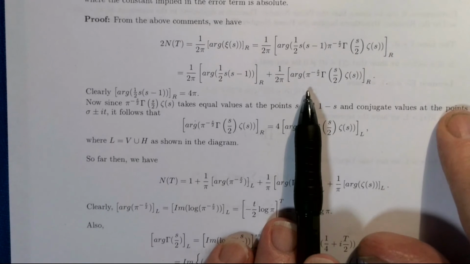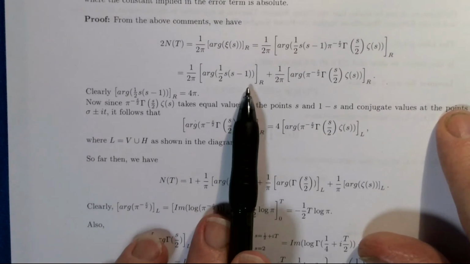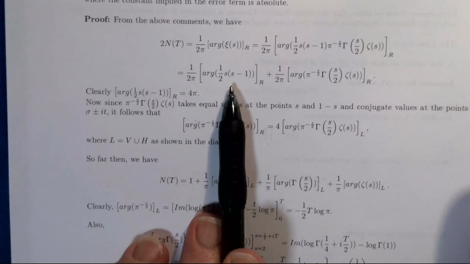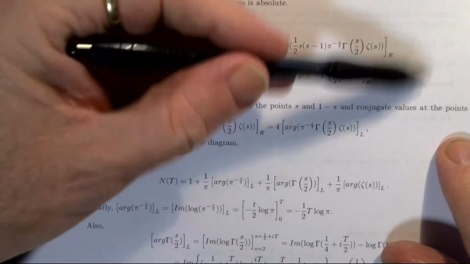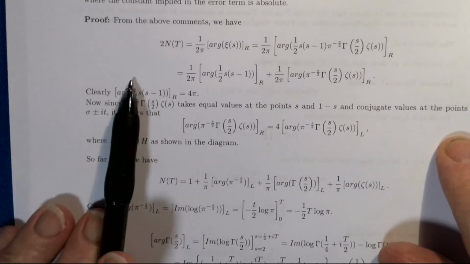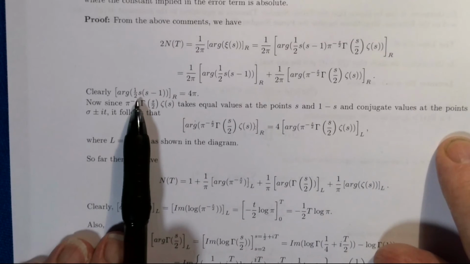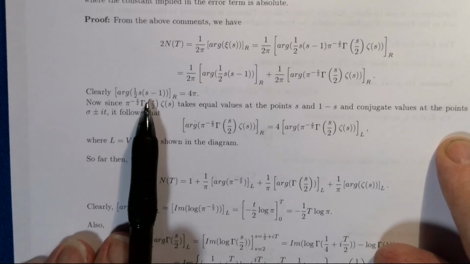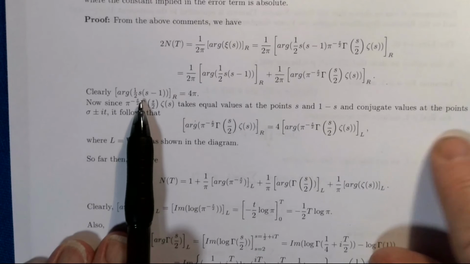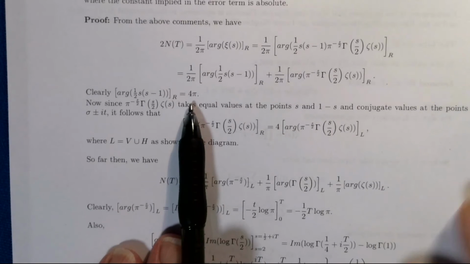Now it's easy to calculate this one because if you go around the rectangle once, then the change in argument is 2 pi if it was just s. You've got s squared, and that means the argument's moving at twice the speed. So as you go around the rectangle once, you're going around in a sort of circle twice, and so you're going to get 4 pi there.